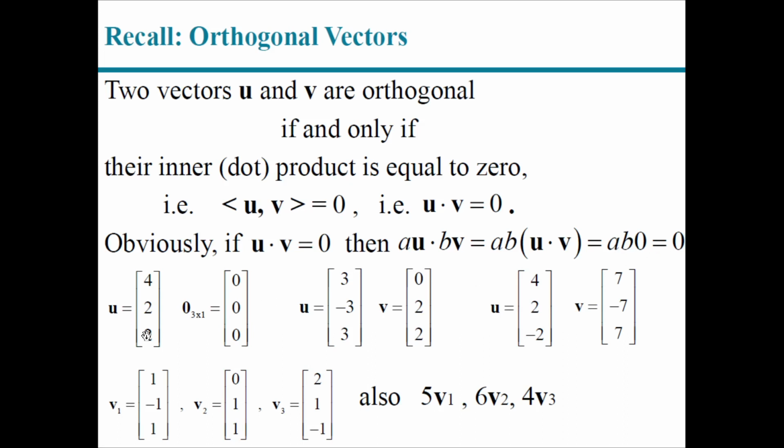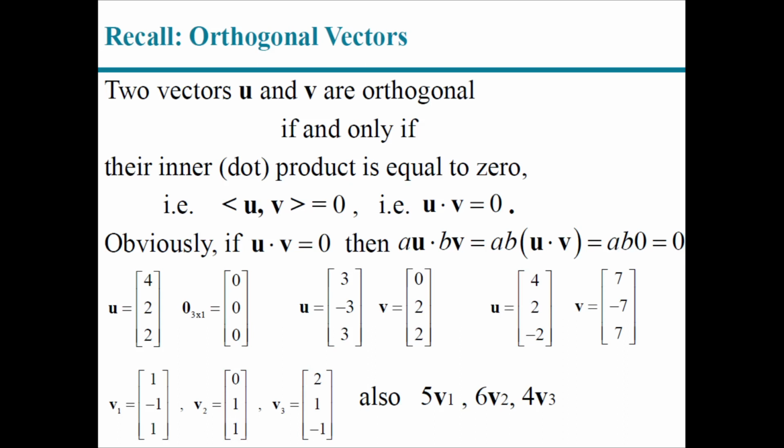So here are some examples. I have vector u and vector 0. Obviously, vector 0 is orthogonal to every single vector in the linear space, because the dot product is 0 always. If we compute the dot product of these two vectors, it will be 0, so they are orthogonal. These two equally, they are orthogonal. And then here we have three vectors, v1, v2, v3, and if you take any two of these vectors and do the dot product, you'll get 0.